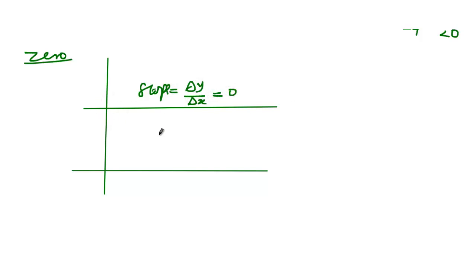This is what you see in a velocity-time graph where you have a constant velocity. In that case, the slope in that region, which is acceleration, will be equal to 0. So a zero slope is often formed by a horizontal line.